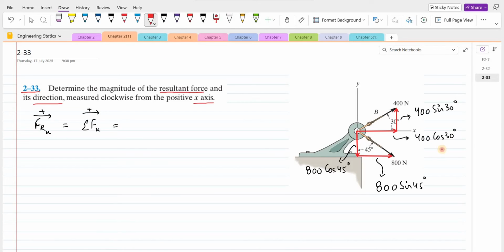So we have 400 cos 30 plus 800 sin 45 degrees. Upon simplification, F_Rx comes out to be 912.1 Newtons.